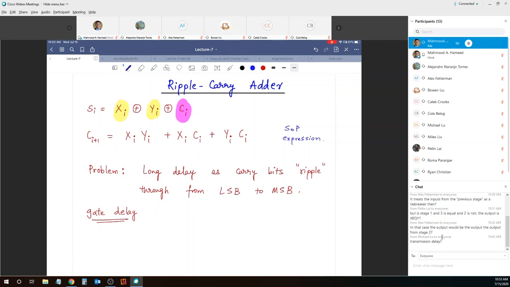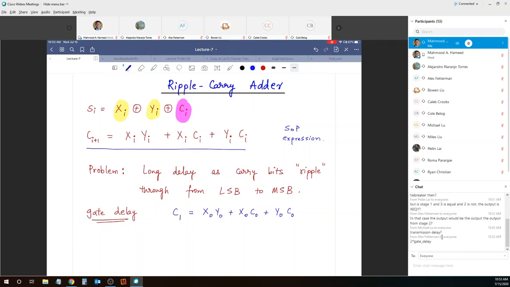What is C1? C1 is x0 y0, or x0 c0, or y0 c0. I'm just using that expression. So how many gate delays are involved in this? Two gate delays is absolutely right. Why? Because it's an AND-OR circuit, SOP.